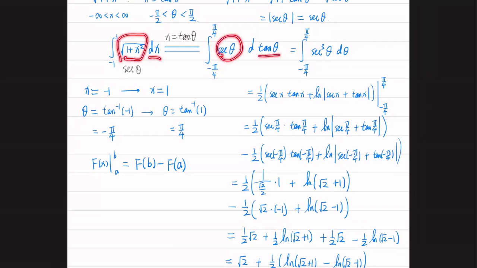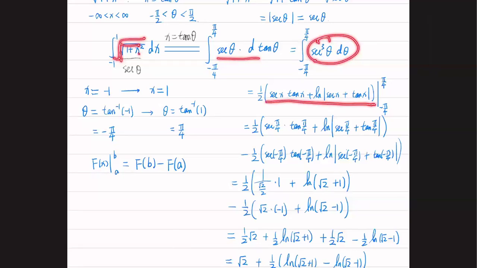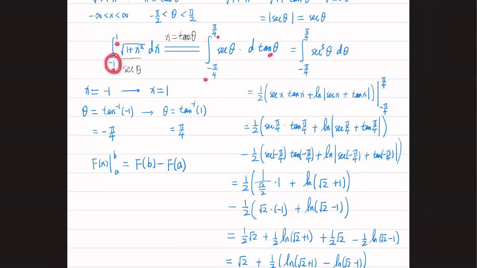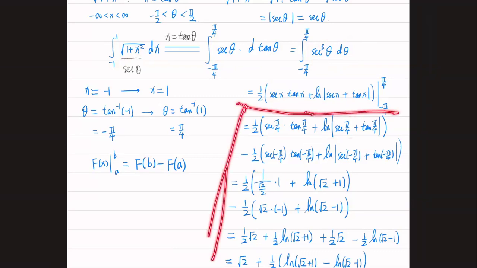We get rid of the square root, so from a square root integral to a trig integral, and we found this before. Then we change the limits. Previously for x, it's -1 to 1, but we find for theta, it will be negative π/4 to π/4. Then we put everything together and find the difference. So from this step forward, it's just algebra calculation. It's not calculus.